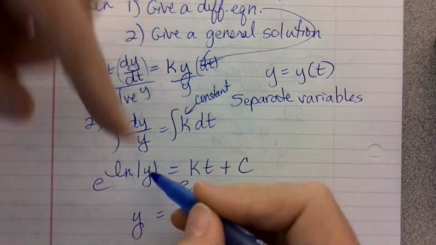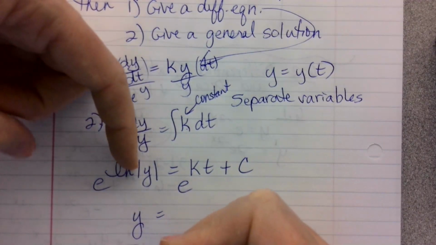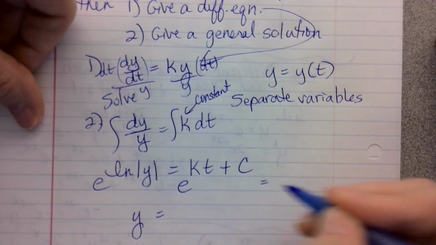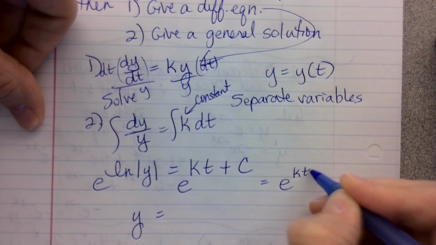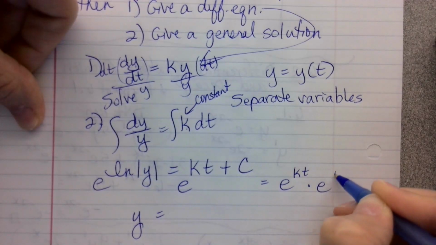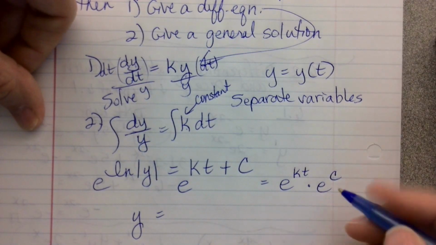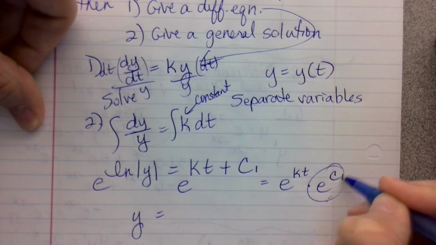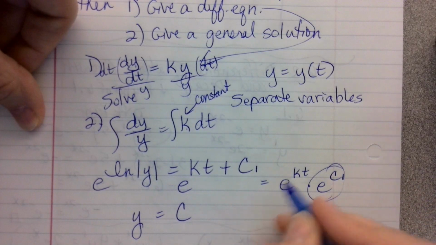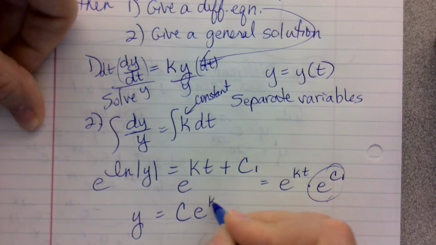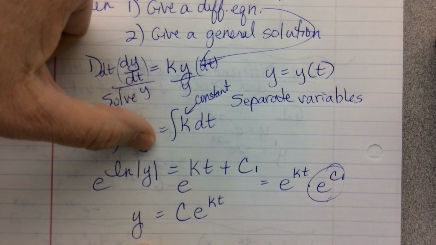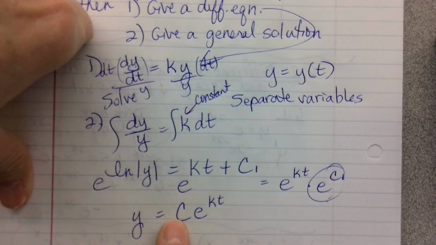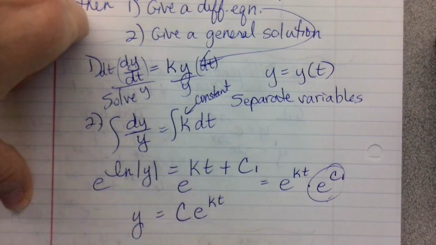Now, I do see an absolute value of y, and there could be the idea of a plus or minus thing, but e to the c is just another constant. In fact, I'm going to call it c1 and just say that's some other constant times e to the kt. And now that absolute value part could be taken care of with a positive or negative c, okay? So c takes care of the absolute value part.